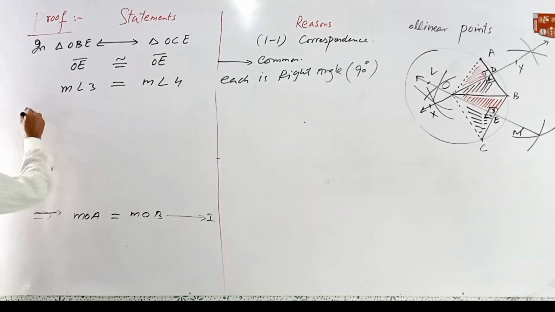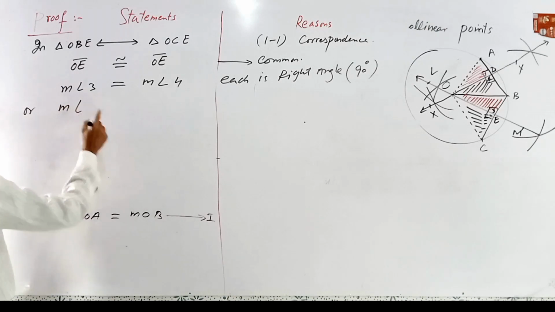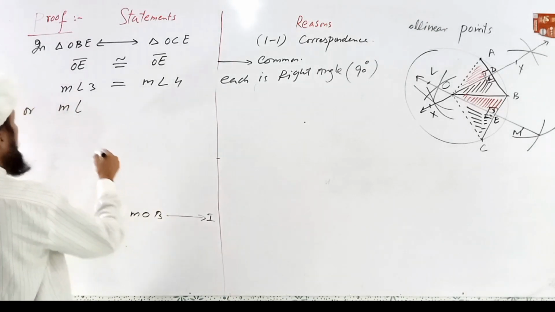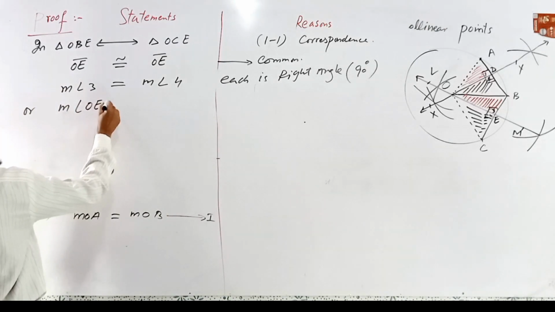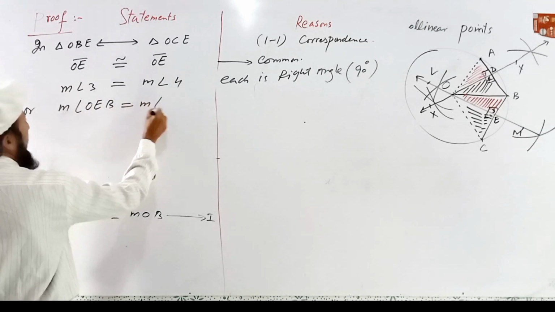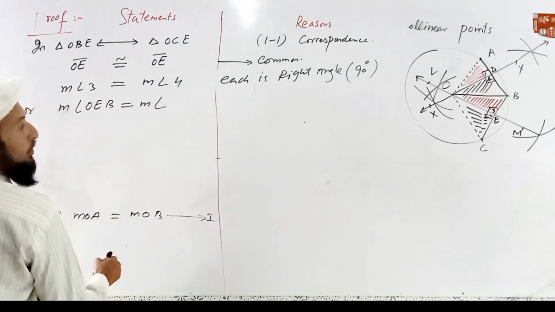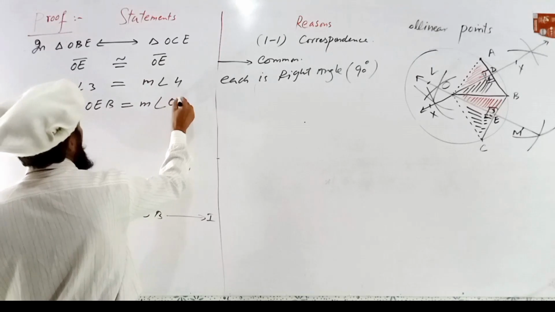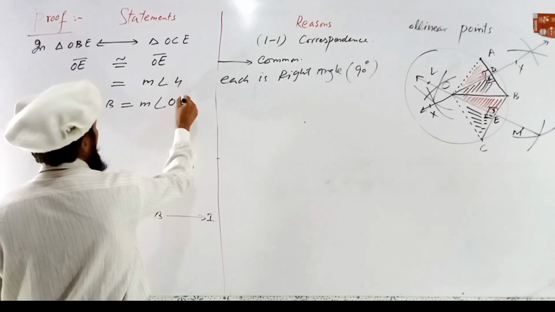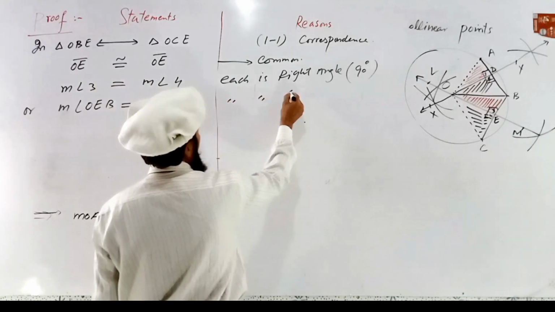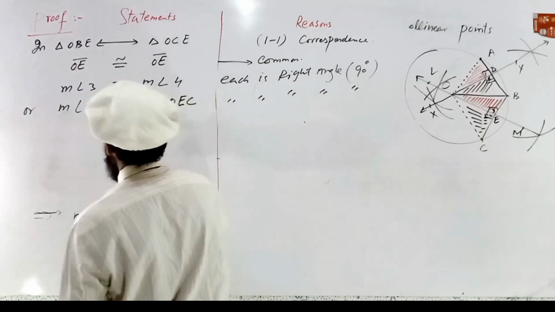Or we can say that measurement angle OEB is equal to measurement angle OEC. Each is a right angle. We can also write the above angles.